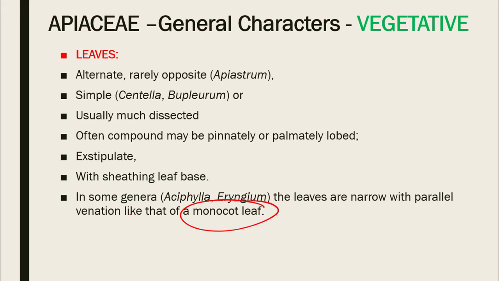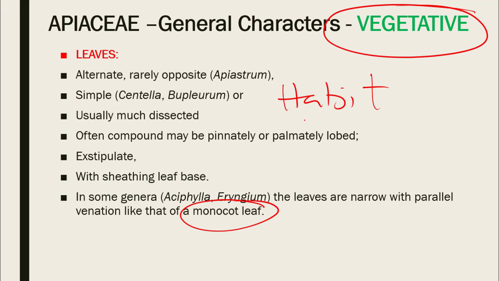So with this ends the vegetative characters of the family Apiaceae. We have seen its habit, the overall form of the body, which is mostly herbaceous. Then we have seen its stem, which is fistular, mostly erect, or it might be creeping. And then we have seen that the leaves are mostly alternate, rarely they may be opposite.